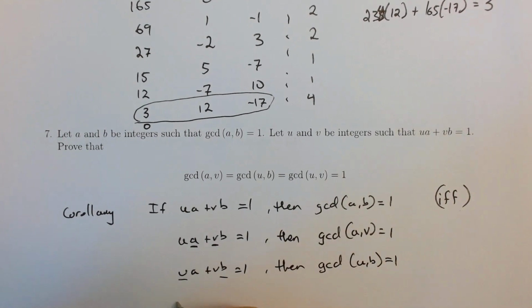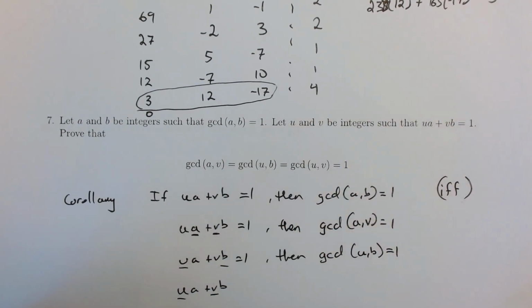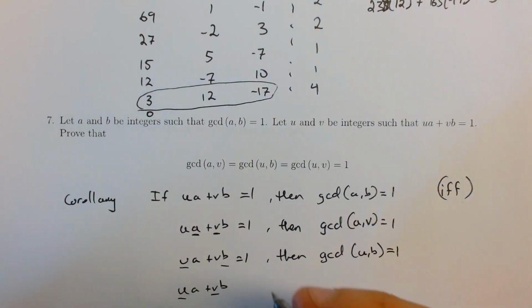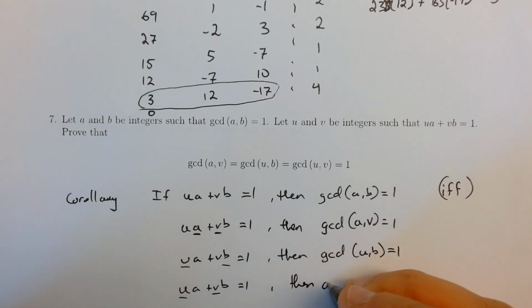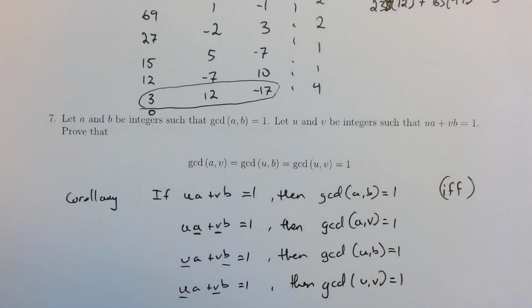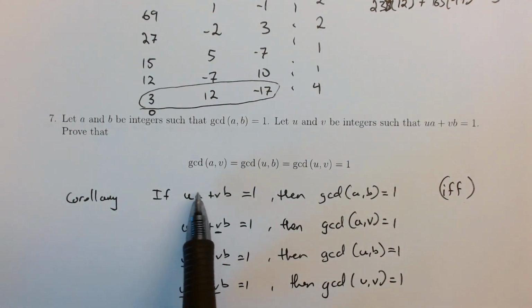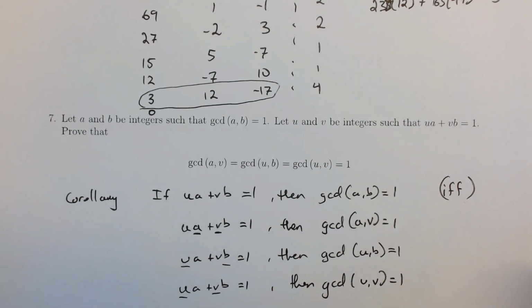And finally, U and V. If I focus on those two numbers, A and B, the original numbers that we're trying to find the GCD of, we can think of as the multiples of those numbers, U and V. And then the GCD of U and V is also 1. So almost every pair involved, it has to be something from this side and something from this side. So we can't say U and A have a GCD of 1 or V and B, but every other combination would have to have a GCD of 1 if one pair does.